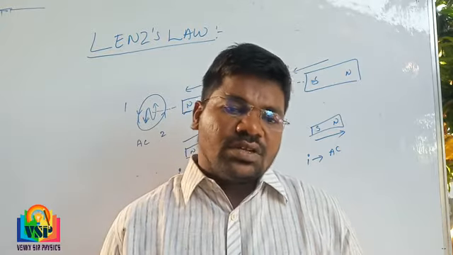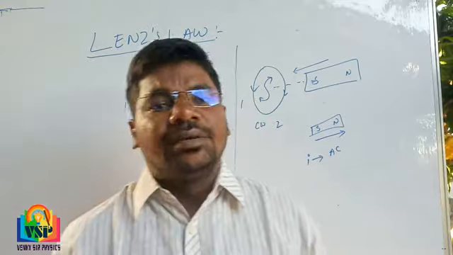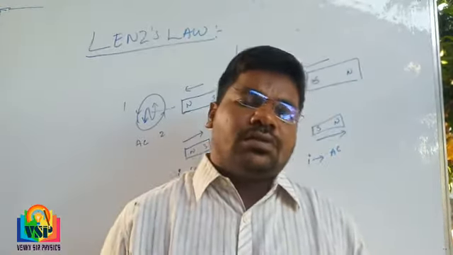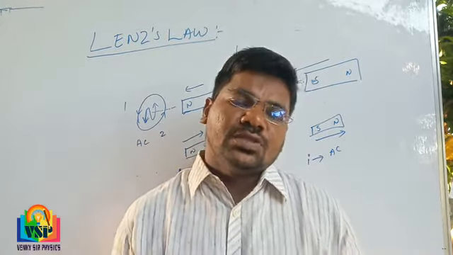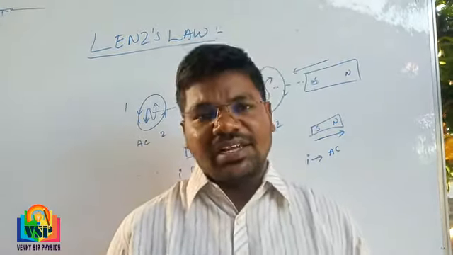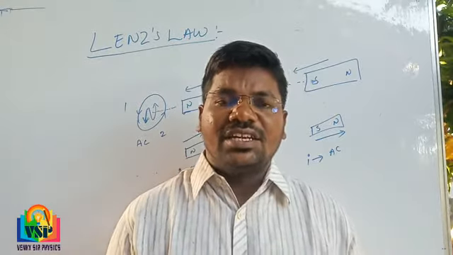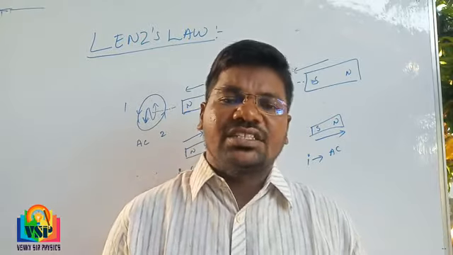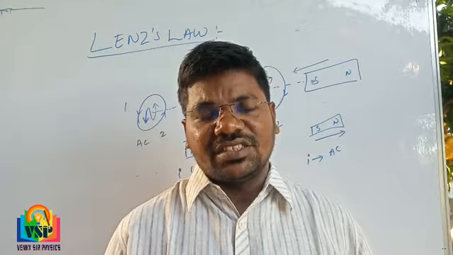So Lenz's law obeys the law of conservation of energy. This magnet moves towards or away from the coil, which means mechanical work is done. This mechanical work is converted into electrical energy.